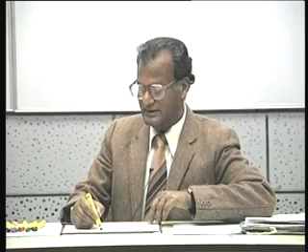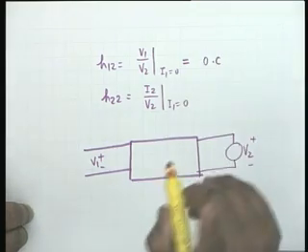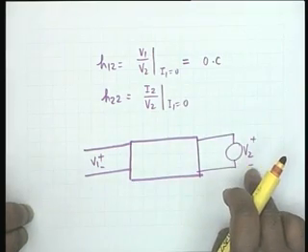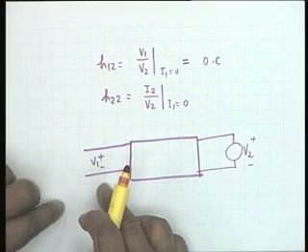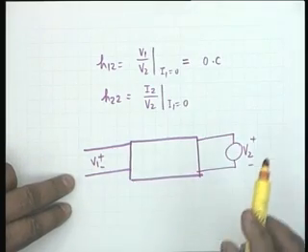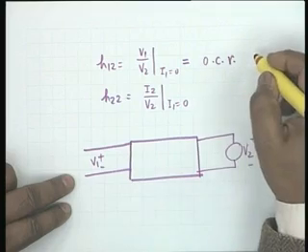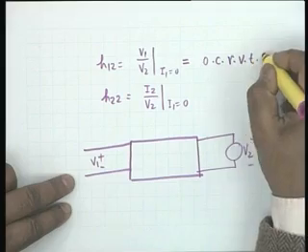I beg your pardon, it is not V2 by V1. You see, V2 is the excitation and V1 is the response. So, it is correctly V1 by V2. This is therefore the reverse voltage transfer function, the open circuit reverse voltage transfer function.